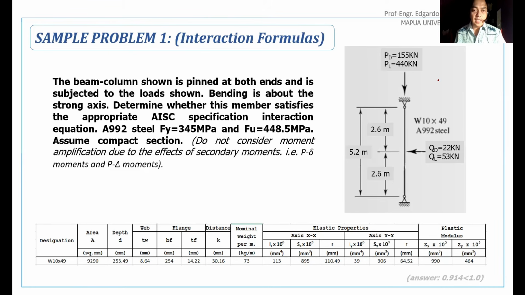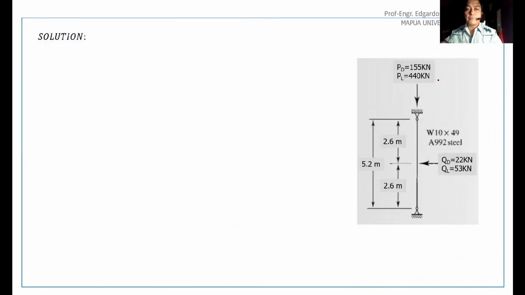Then also it is stated in the problem, do not consider moment amplification due to effects of secondary moments, which is the P-delta moments, or the capital and the small delta moments. Because if we consider those P-delta effects, there will be a magnification of the moments on the beam column.